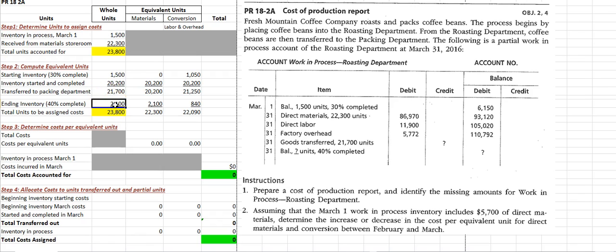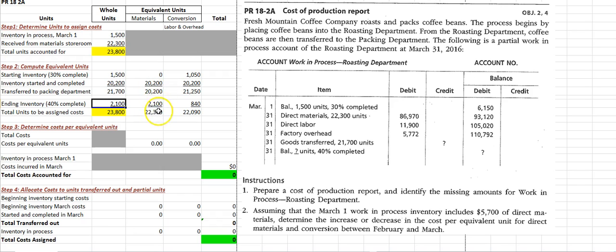So if it's 40% completed, I must have incurred 40% of my conversion costs. So what's the equivalent units for 2,100 40% completed? Just take 0.4 and multiply it times 2,100. That's 840.